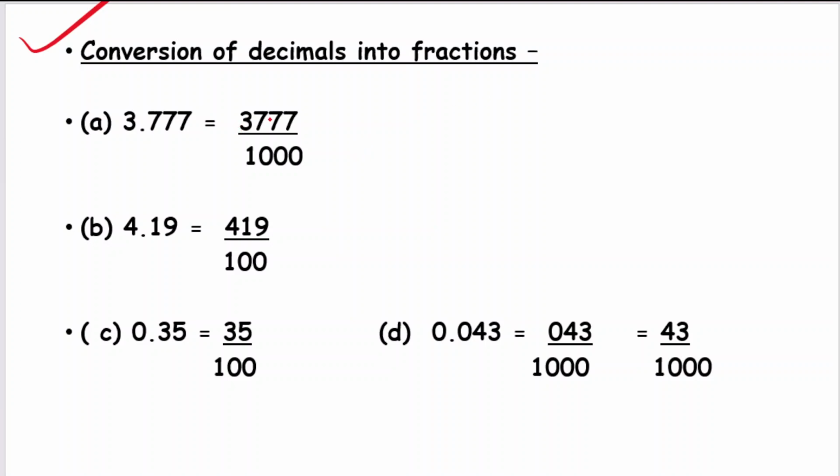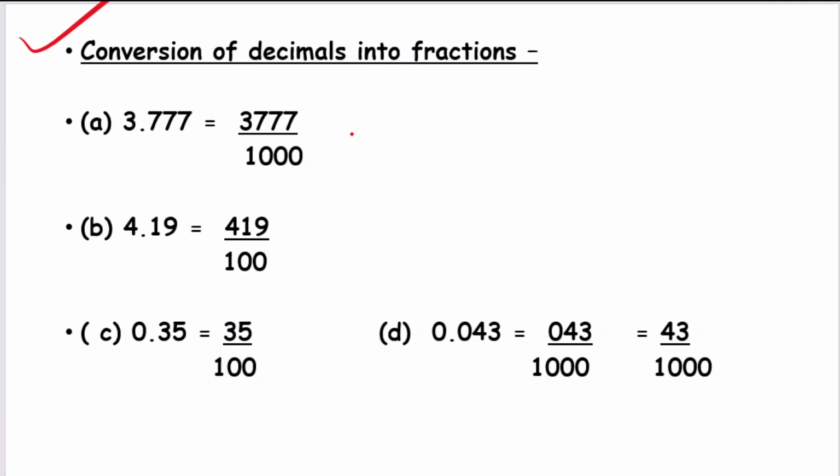So it is 3777. I have not put the dot. Now divided by 1000. Again, there are 3 zeros. The number of zeros and the number of decimal places should match with each other.